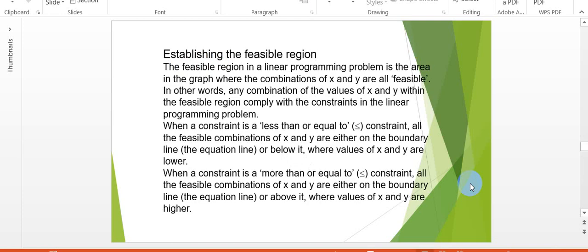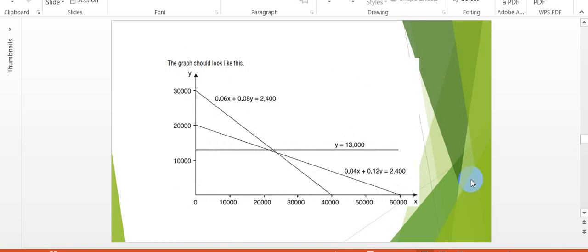Once we've drawn the constraints on the graph, we then try to establish the feasible region. The feasible region is simply the points which are bordered by the constraints. So you start from 0 here, the next boundary is there, the next boundary is there, there, and there, and back.